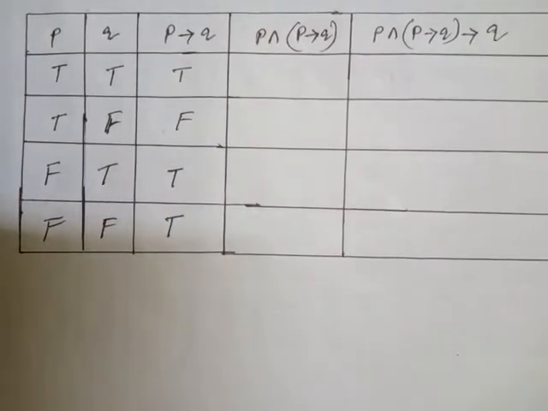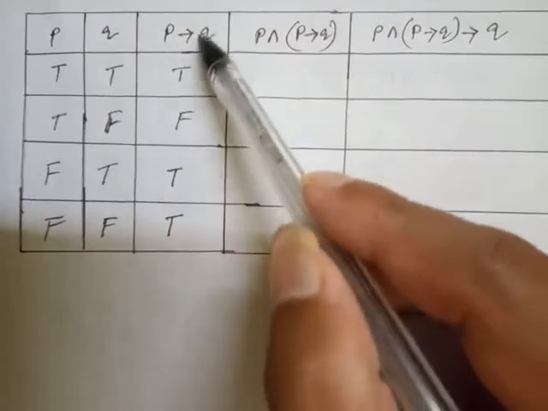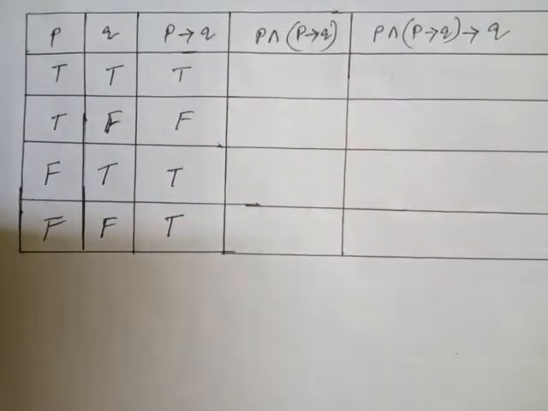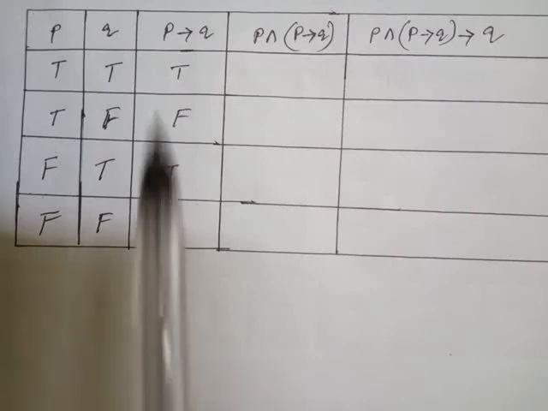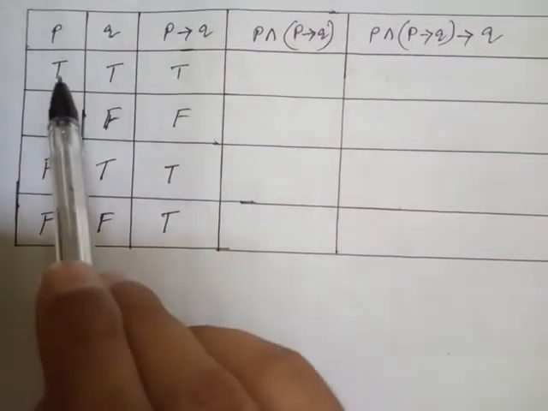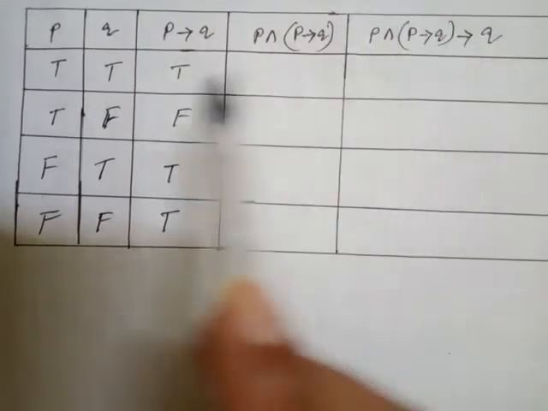Now look student, how to solve this is very easy actually, depending on the table only. So let's start. P conjunction P implication Q. Now look student, here is the value, we need to find out the conjunction, so definitely we will follow the conjunction table only.